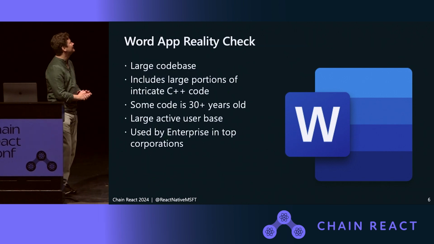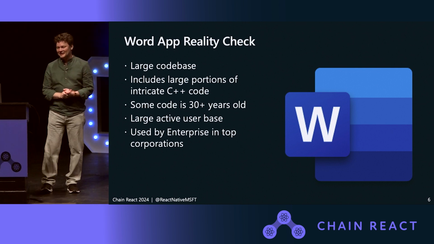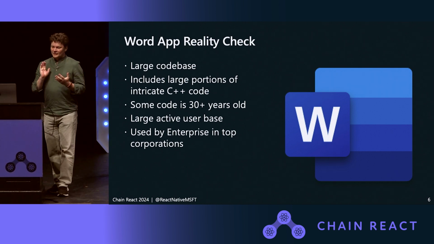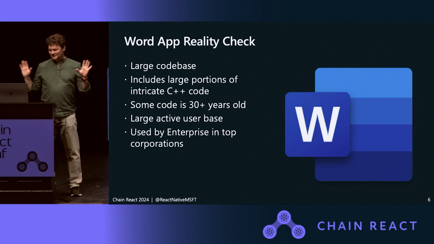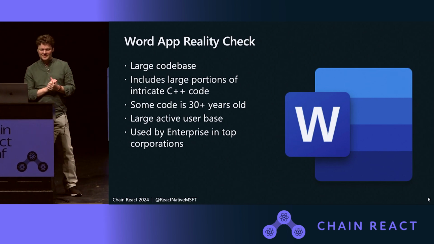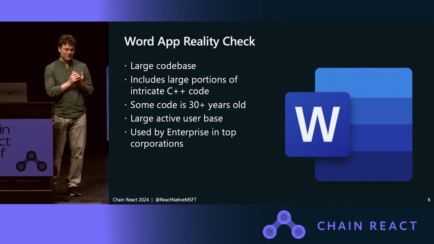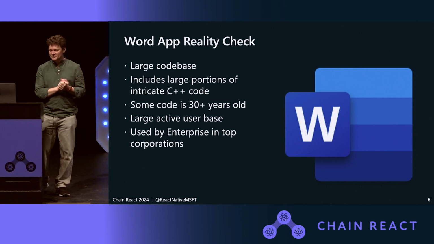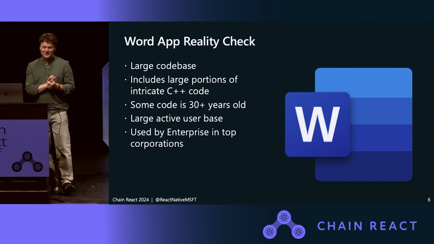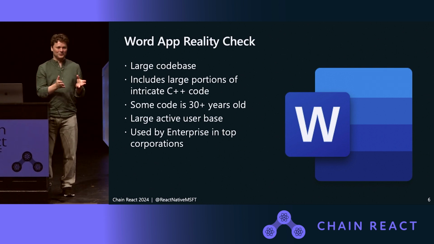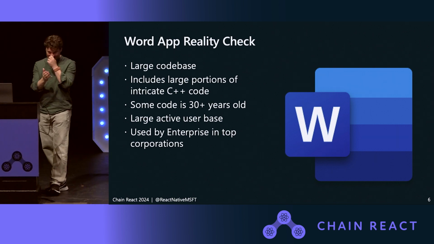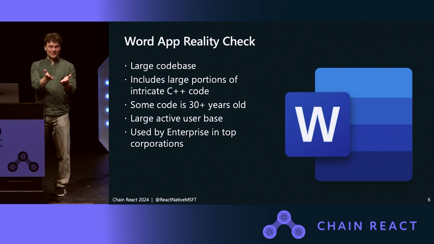But then, again, we have a reality check. Word has a large code base, millions of lines of code. It includes a large portion of very intricate C++ code. And some of this code is 30+ years old, probably older than some of you in this audience. But it still works.